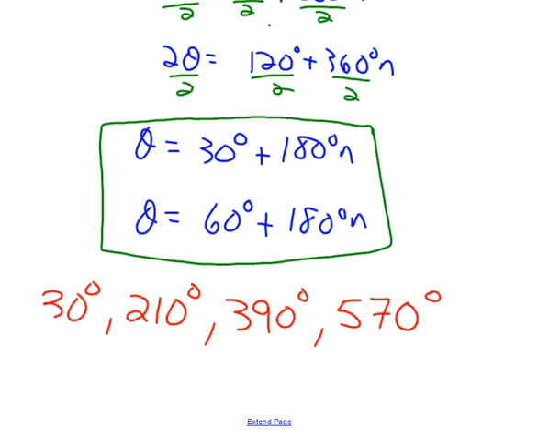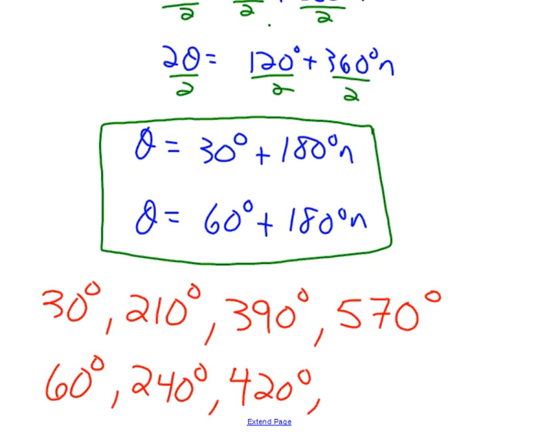And if I add 180 again, that would be 750, which is too big. For my other ones, 60 plus 180 is 240, plus 180 is 420, and another 180 will be 600 degrees.